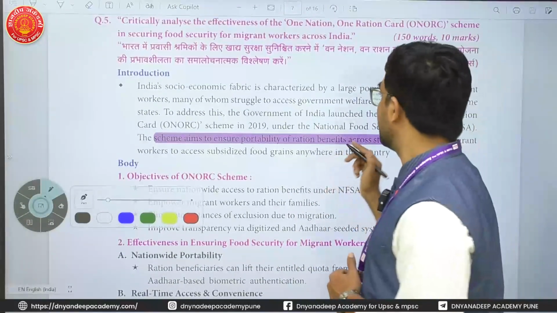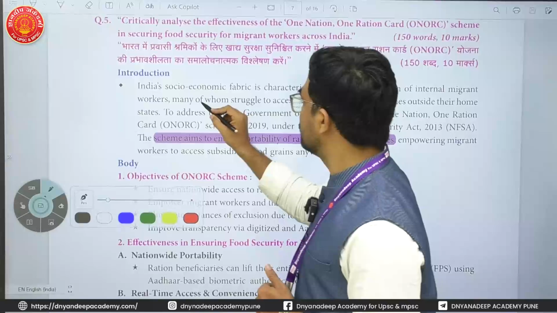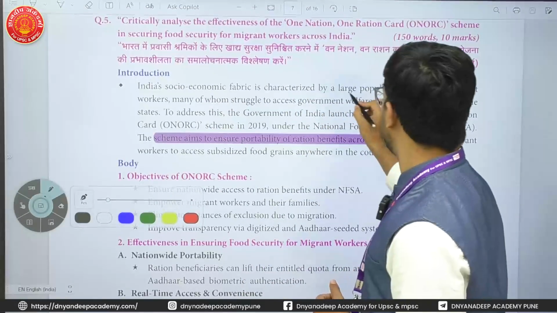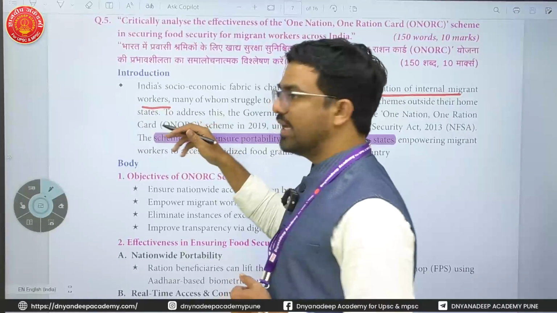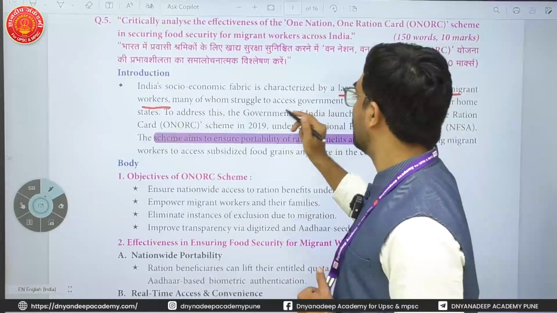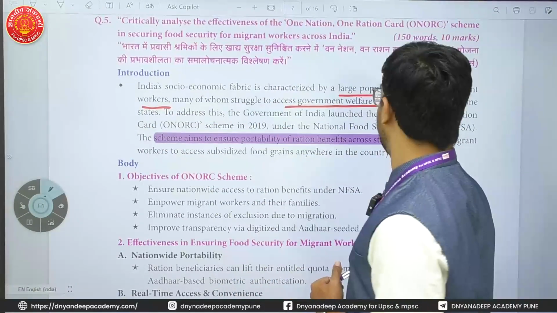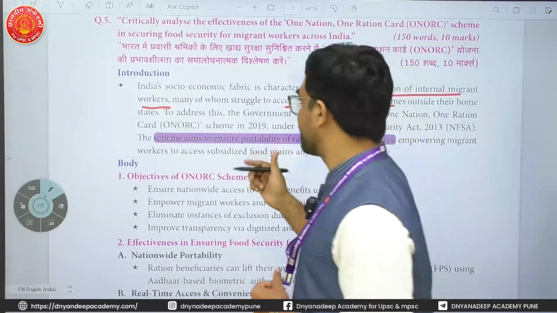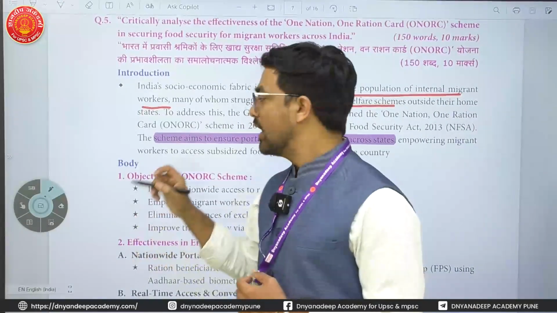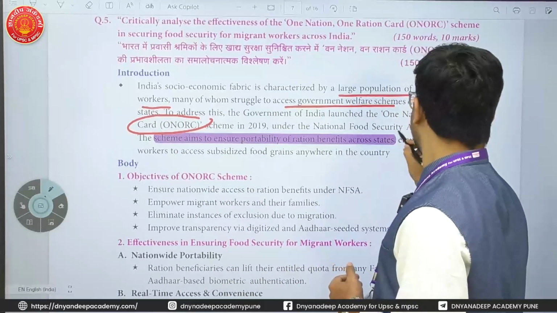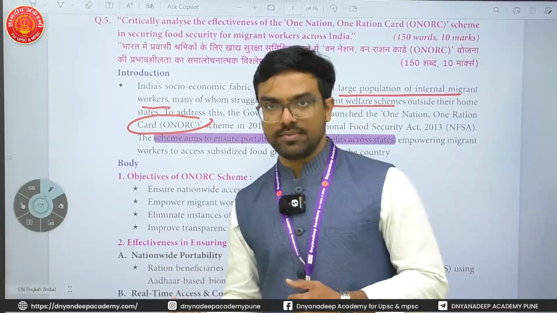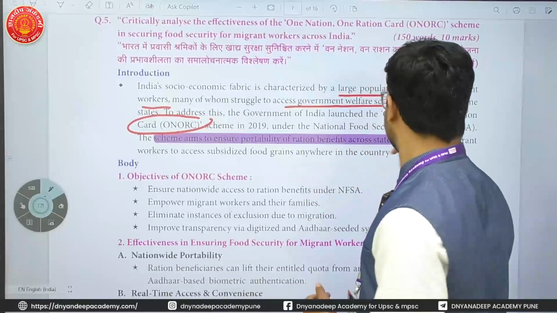So in the introduction, because of India's socio-economic fabric, India is characterized by a large population of internal migrant workers, right? And these internal migrant workers struggle to access government welfare schemes outside their states. To address this issue, the government launched the One Nation One Ration Card scheme under the National Food Security Act, right? We have to mention this also.